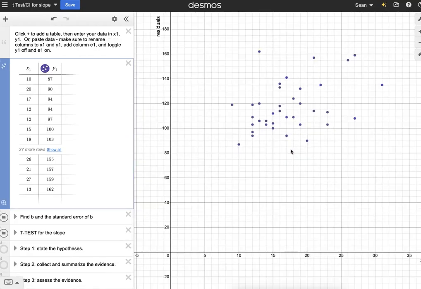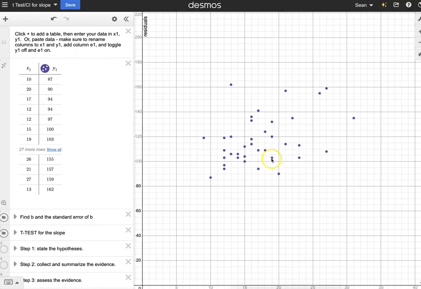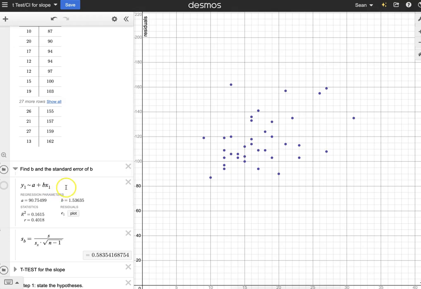By describing this scatter plot, we see that there is a slightly positive association with a very weak to moderate linear relationship. The calculator provides the regression line with the slope of 1.536 and the y-intercept 90.75.